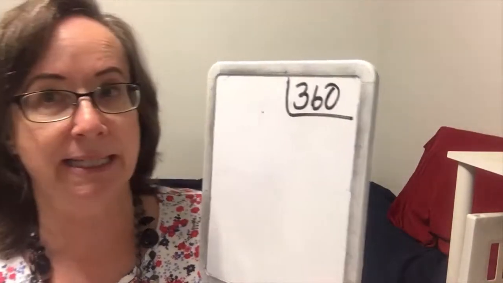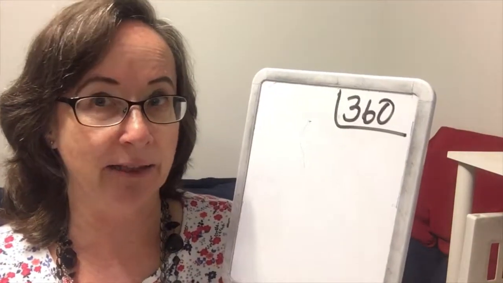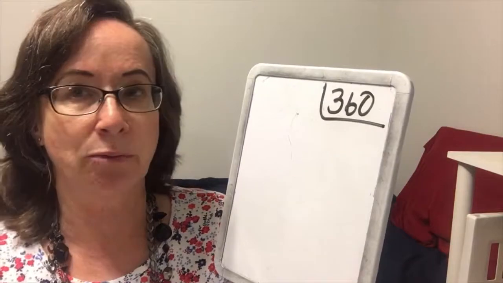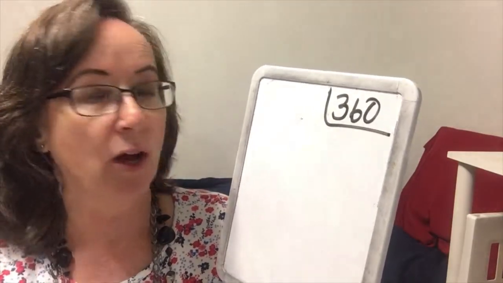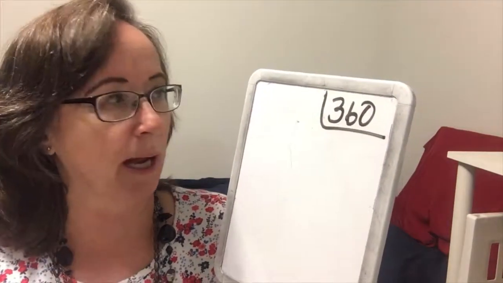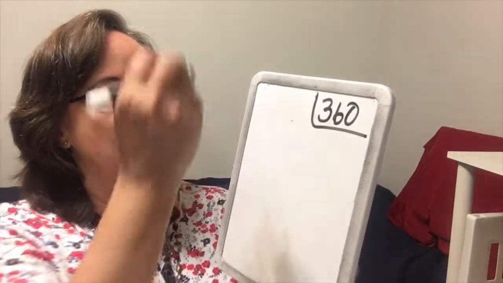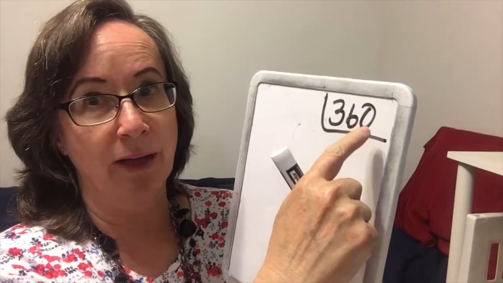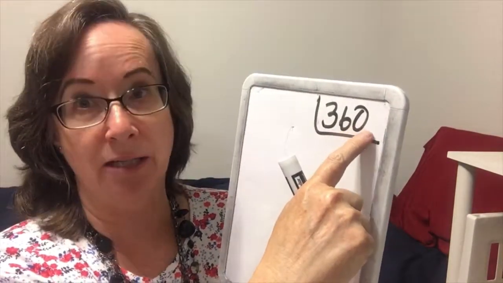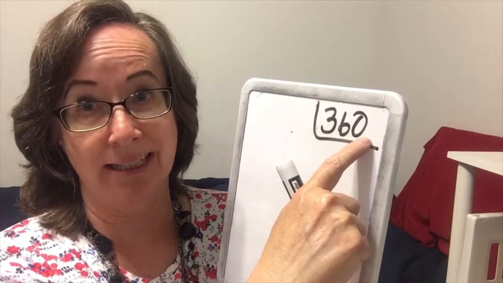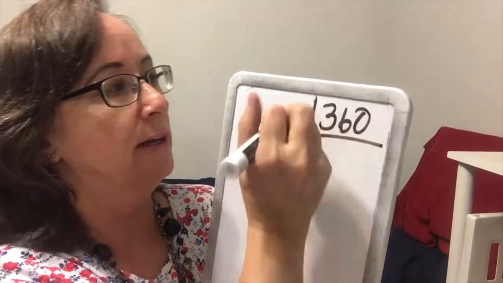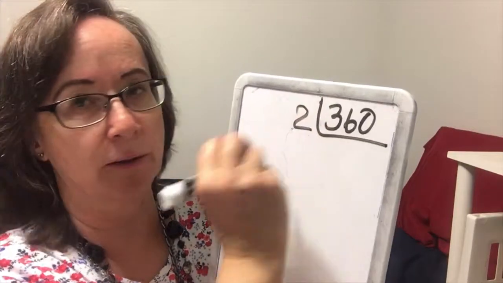So I'm going to take the numerator number, which was 360, and I'm going to factor it by primes. So when we're factoring by primes, we're trying to only use prime numbers as divisors. So I know that this is divisible by 2 because the last digit is a 0, which is an even number. So I'm going to put in a 2.